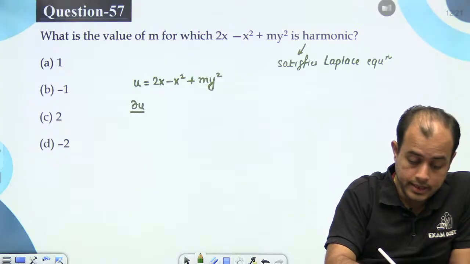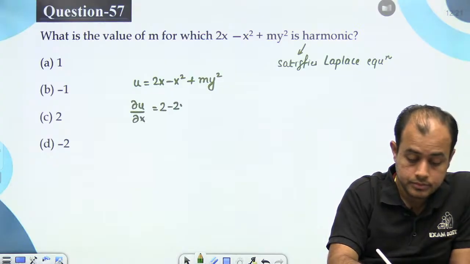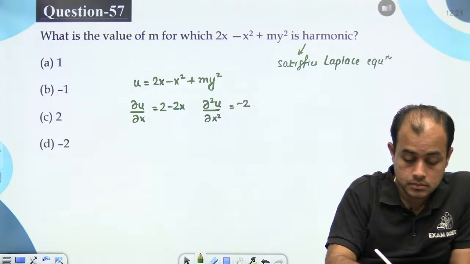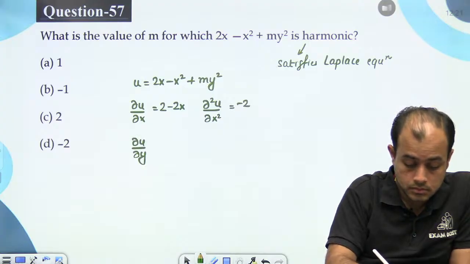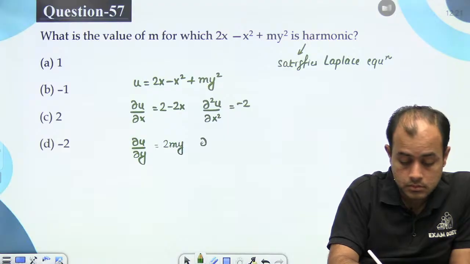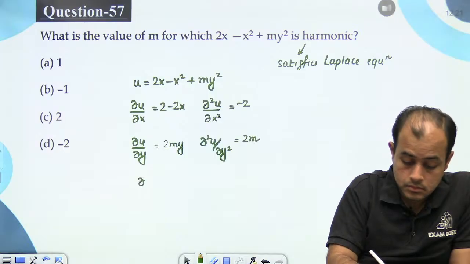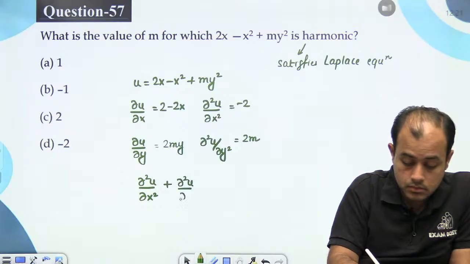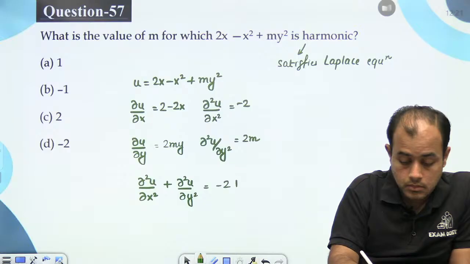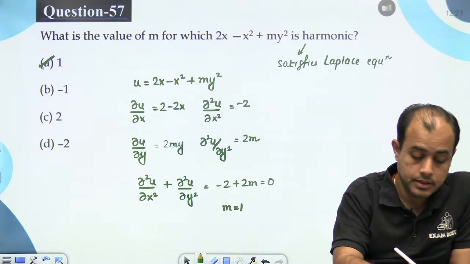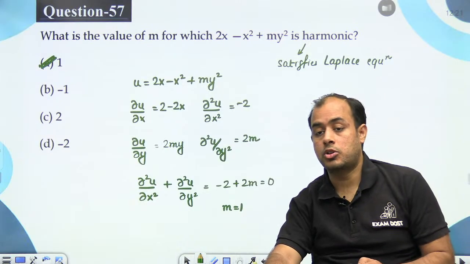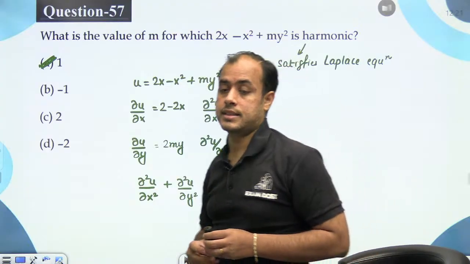So del u by del x, and this must be 0, so m comes out to be 1. Okay, so m will come out to be 1. Clear? So the answer is A.